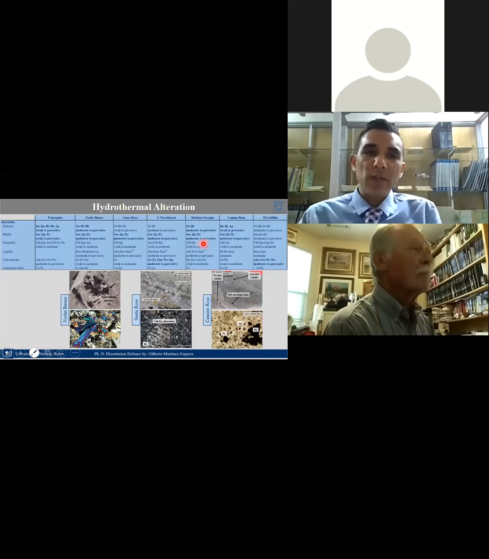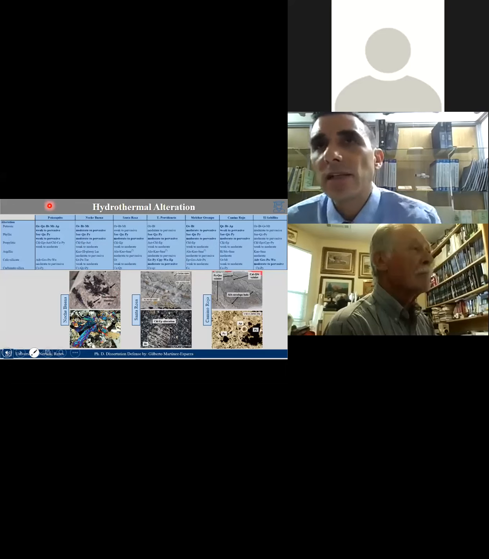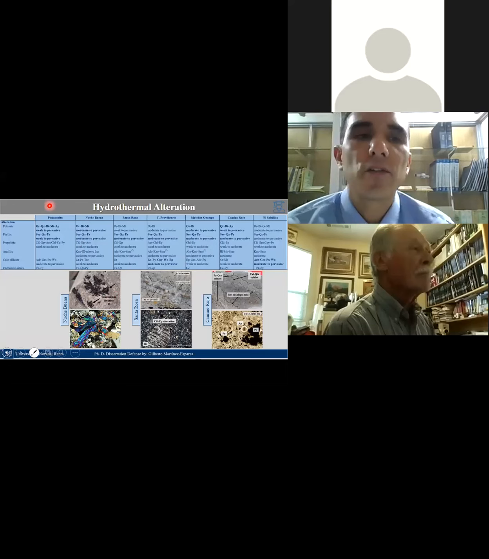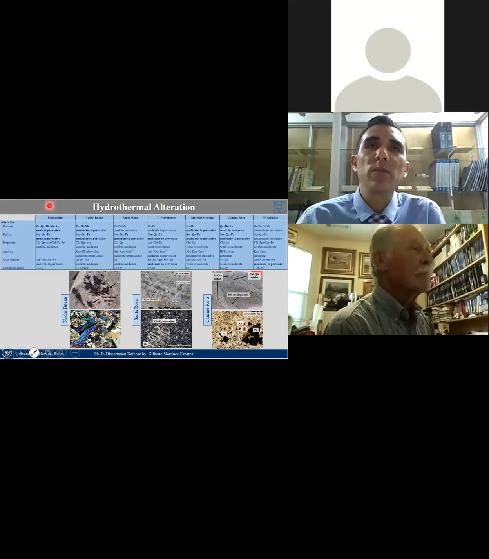As for the hydrothermal alteration present in the areas, I already mentioned some of them, but here is a comparison with the Peñasquito one. At Peñasquito, we have two main hydrothermal alterations, the potassic and the phyllic. Both are related with mineralization at several stages.